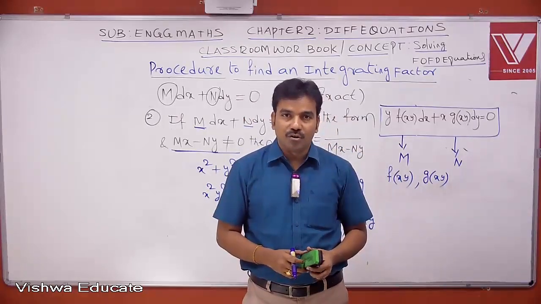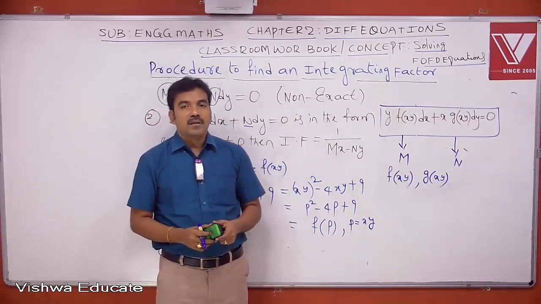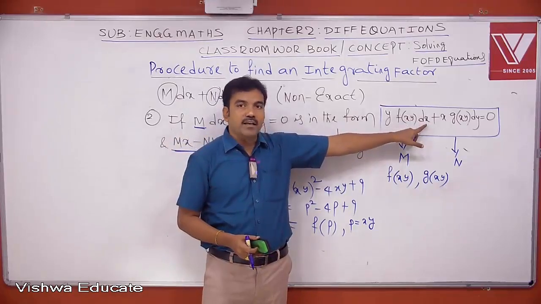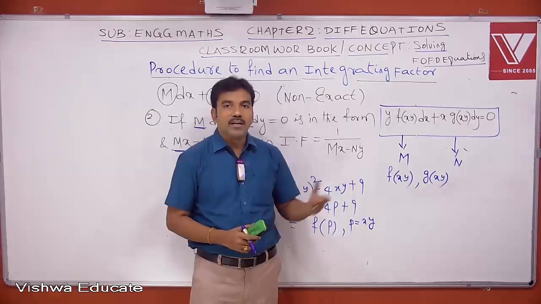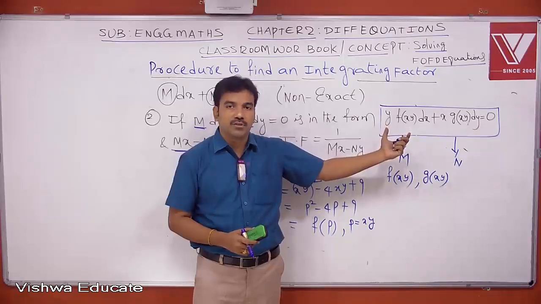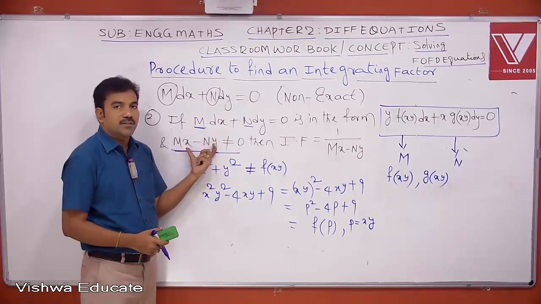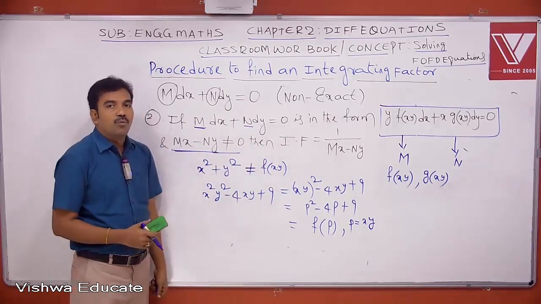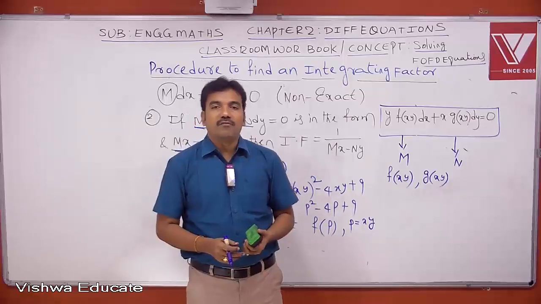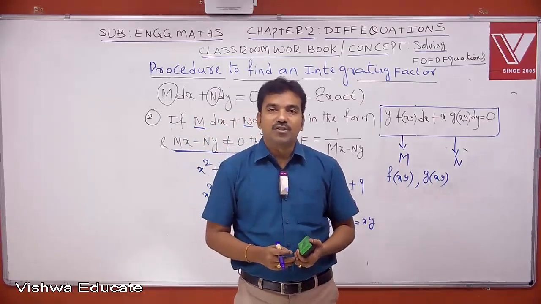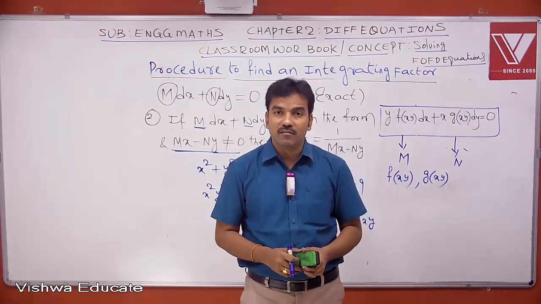If mdx plus ndy equal to 0 is in the form y into f of xy dx plus x into g of xy dy equal to 0, and mx minus ny not equal to 0, then integrating factor equals 1 by mx minus ny, where f comma g are functions in the single variable xy.